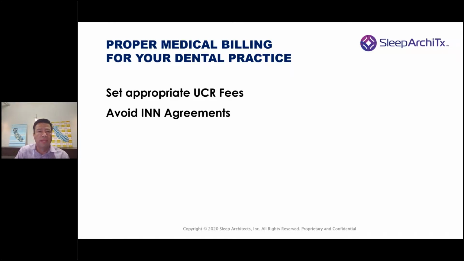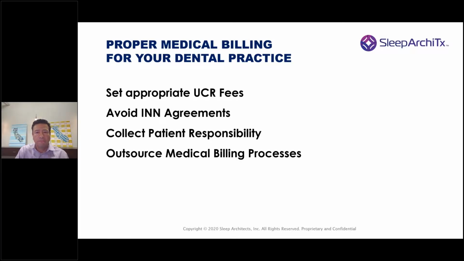You want to avoid in-network agreements, as I mentioned already. You want to get into the habit of collecting patient responsibility because, as you saw, medical reimbursement is not always going to be fully reimbursed. So getting into an agreement with the patient in advance is always recommended.